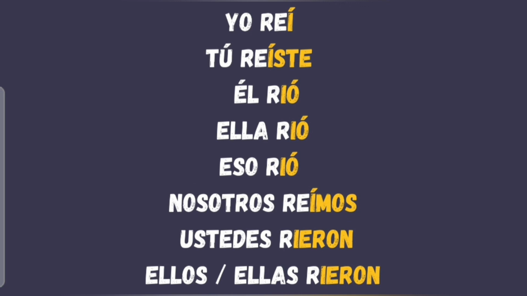As you can see, the beginning is changing. Nosotros reímos. It's not stable, the beginning. The ending is kind of the same, but the beginning is not the same. So pay attention to that. Nosotros reímos. Ustedes rieron. Ellos or ellas rieron, okay?